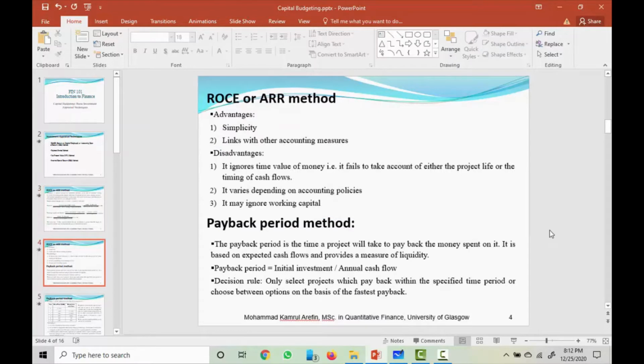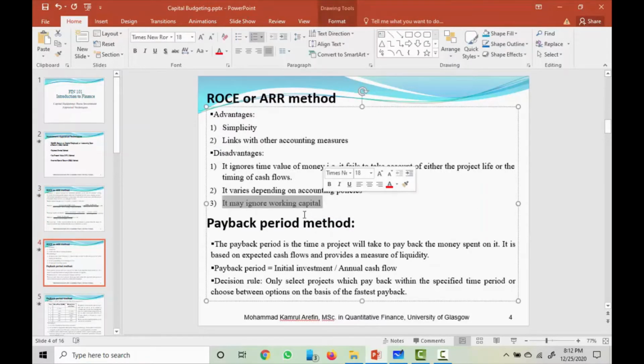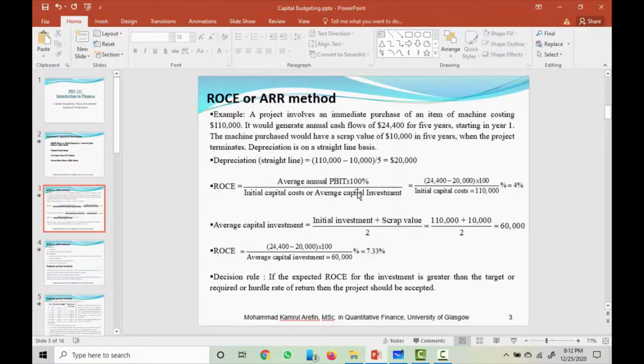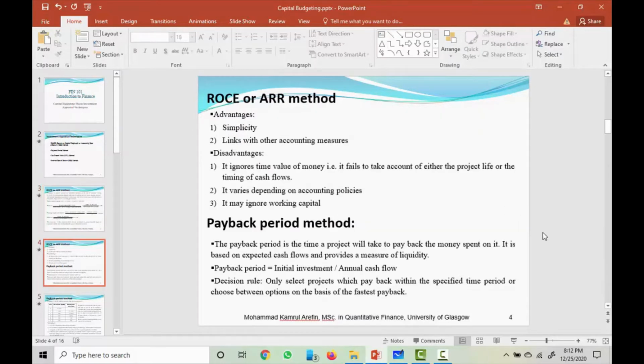It may also ignore working capital. In this method we may consider only the machinery's cost or the fixed assets. So working capital may not be considered here.